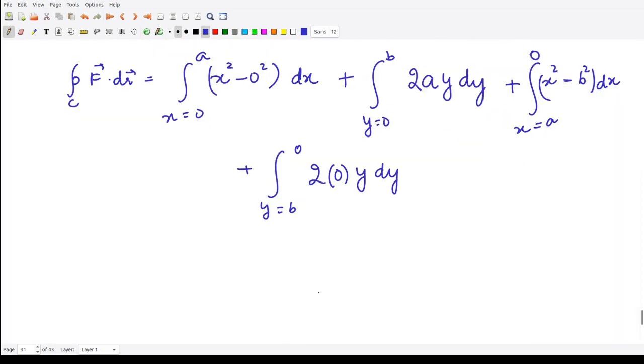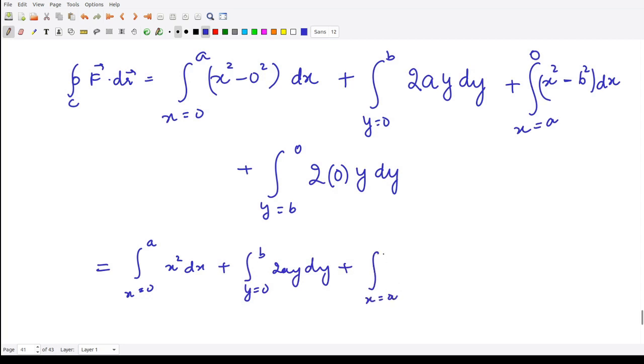When you solve this quantity, this becomes equal to the integration, x varying from 0 to a, of x square dx, plus the integration, y varying from 0 to b, of a y dy, plus the integration, x varying from a to 0, of x square minus b square dx, plus 0, right? So this is what you have.